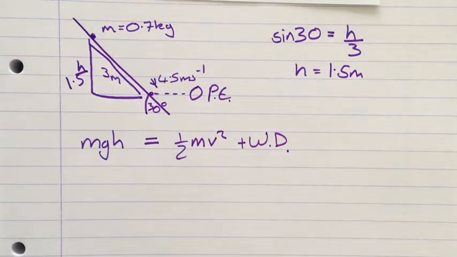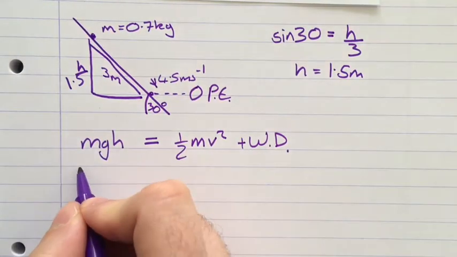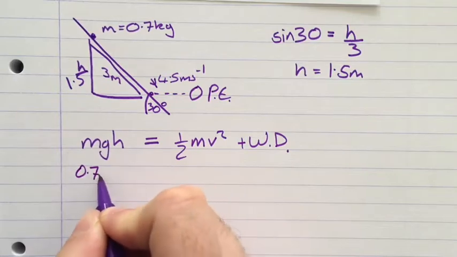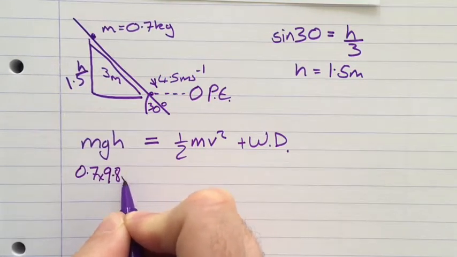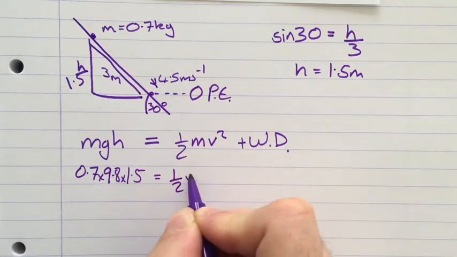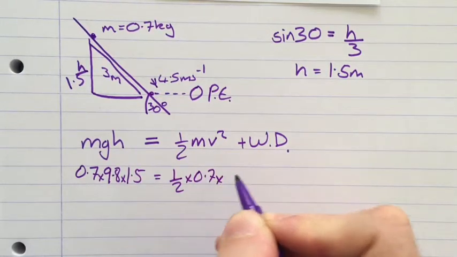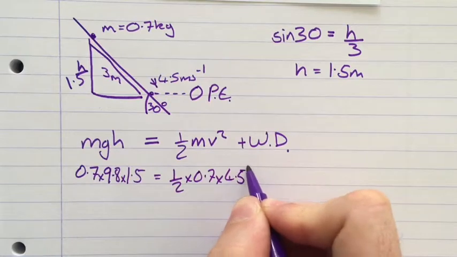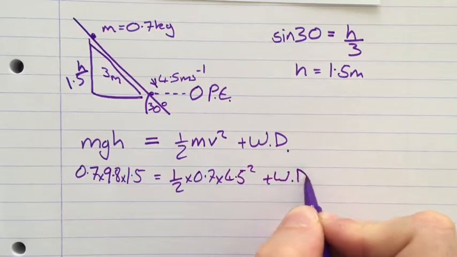Again, at this stage, it's just plugging in some values. So we've got 0.7 times 9.8 times 1.5 is equal to half times 0.7 times 4.5 squared plus work done.